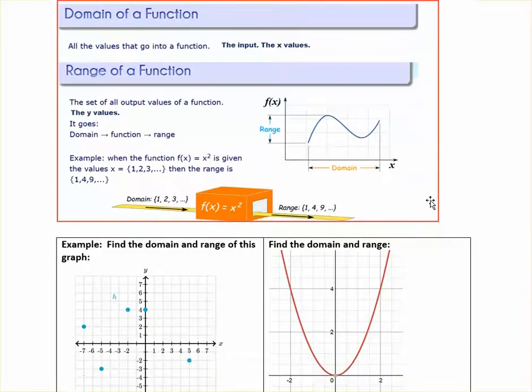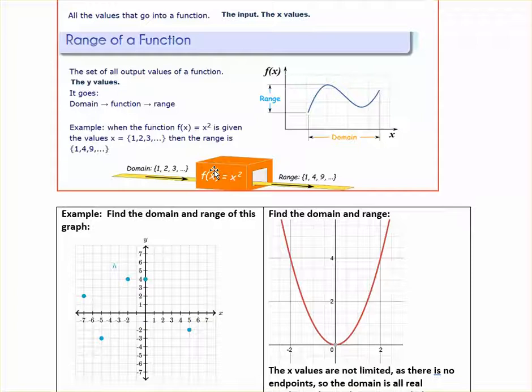All right, a little bit more about domain and range of a function. The domain is all the values that go into a function. It's also known as the input and the x values. That's the domain, what's going into a function. The range is the set of output. It's also the y values, and it's the values that are coming out of a function.